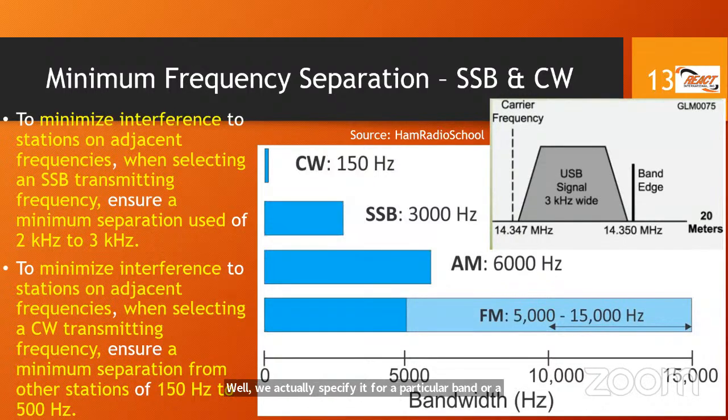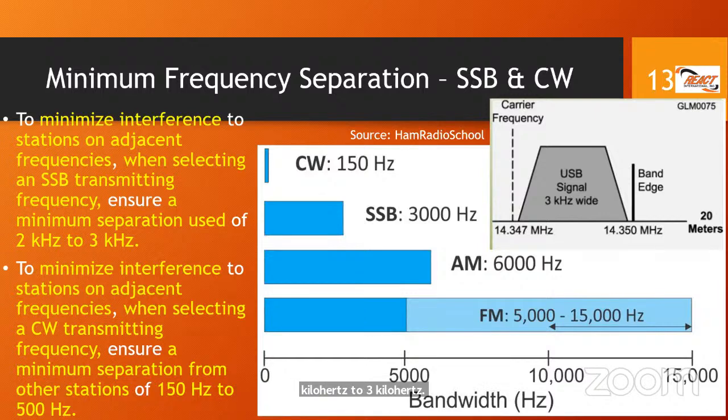So in this case, when we are using single sideband or SSB, we need to ensure that the separation between our transmission, our signal, and another operator that may be having another conversation a little up or a little down the band from us, has a minimum separation. If we are doing single sideband, that is SSB, the minimum is 2 kilohertz to 3 kilohertz, right? That's the minimum.